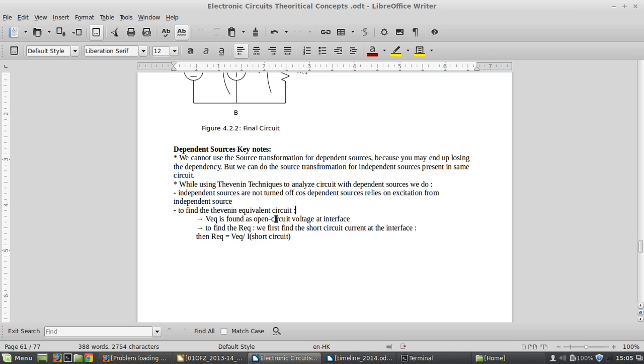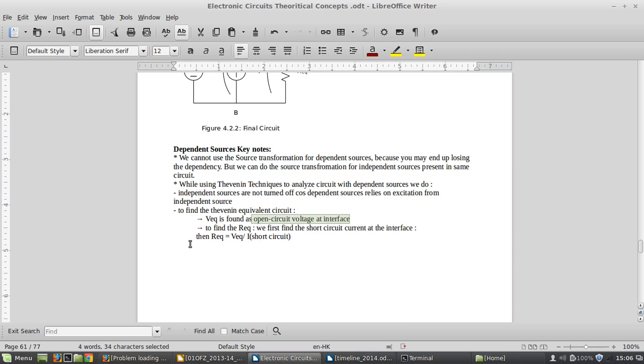So to find the Thevenin equivalent circuit, two procedures are followed as before. As I discussed in my previous lecture, for the Thevenin equivalent circuit you just need two variables, V equivalent and R equivalent. We find V equivalent as the open circuit voltage at the interface, the terminal.